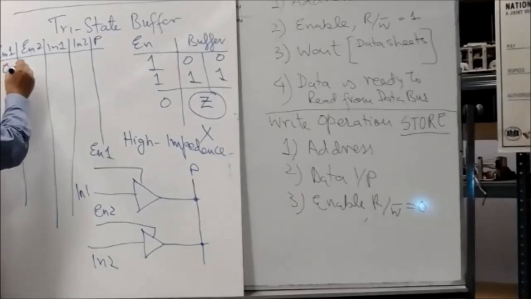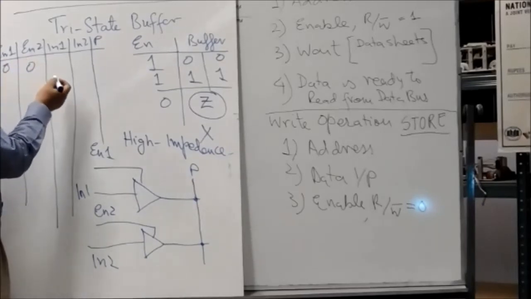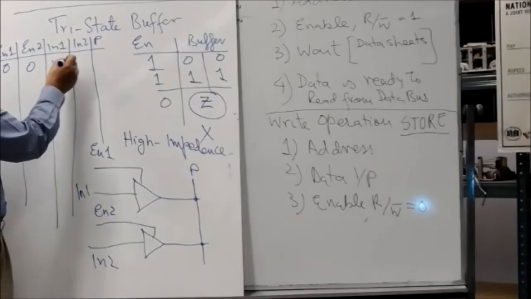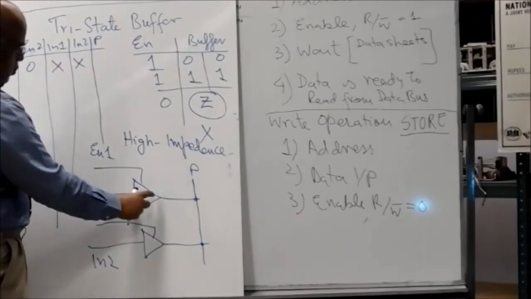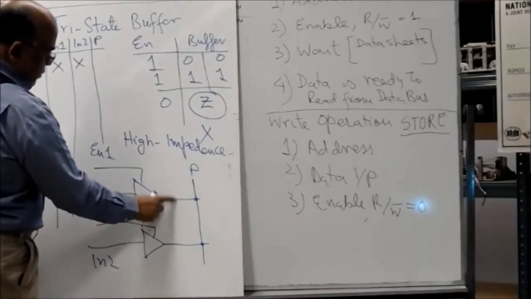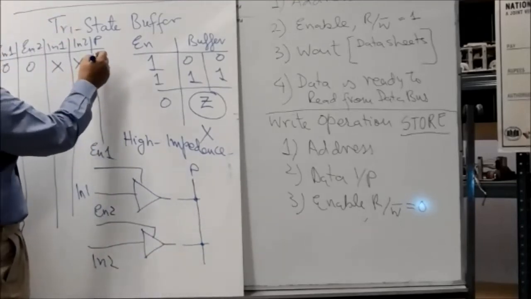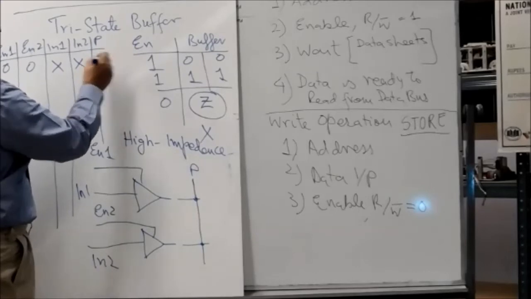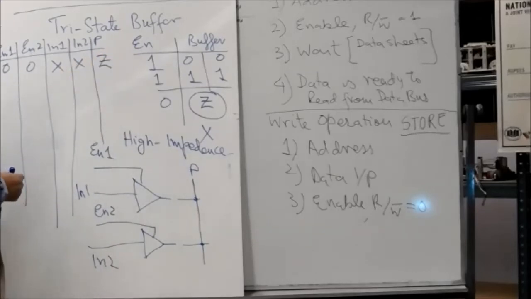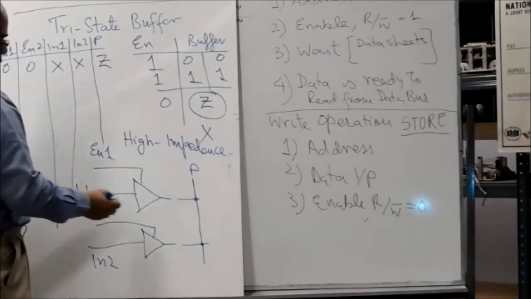So when enable 1 is 0 and enable 2 is 0, the inputs are don't care. These two are open circuit, like wiring is disconnected. We say that the output is in high impedance state. Floating, output is floating.